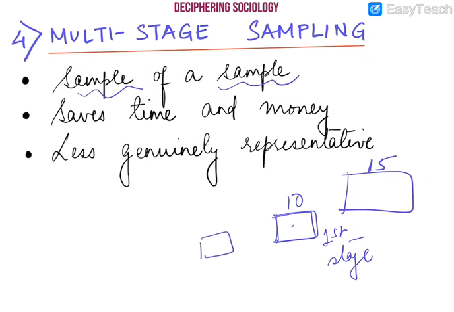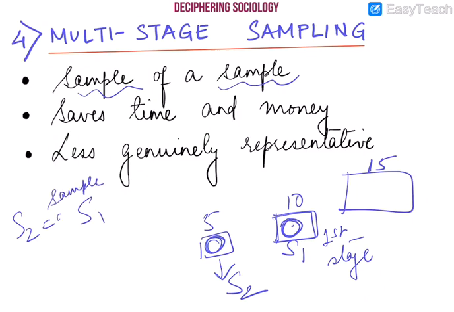From these 10 people, I am going to select finally 5 persons, and these 5 persons I will study. So therefore, this sample is actually a sample of a sample. This is sample 1, this is sample 2. So S2 is a sample of S1.